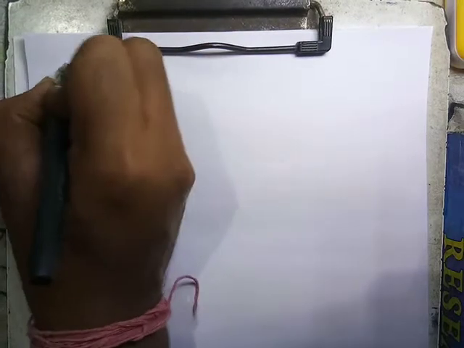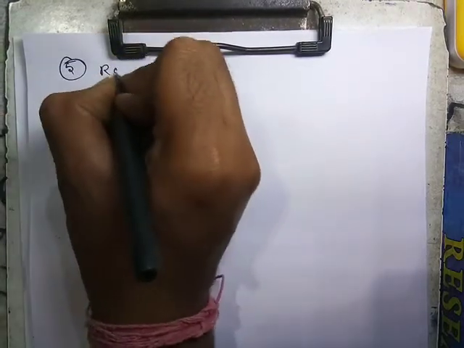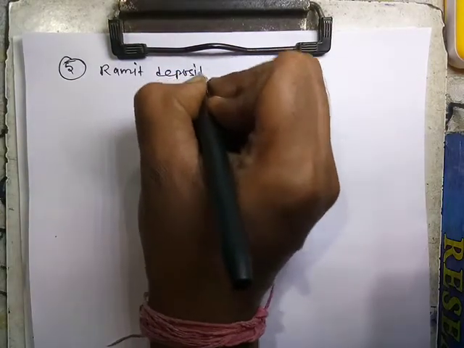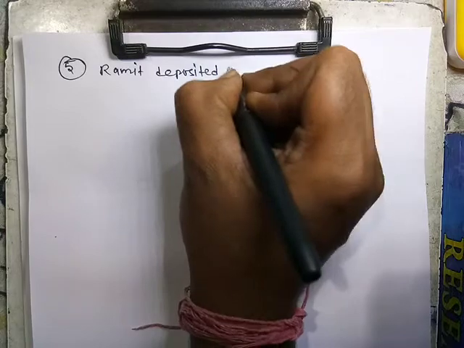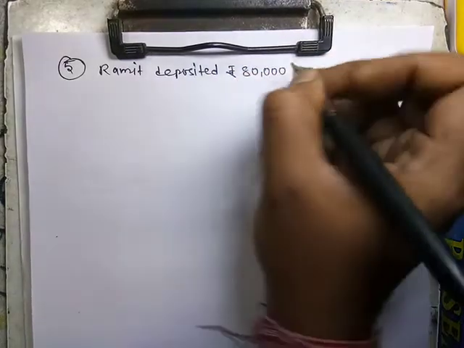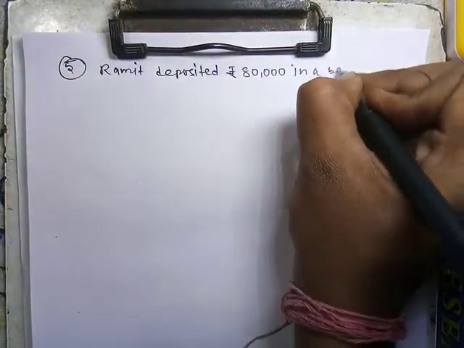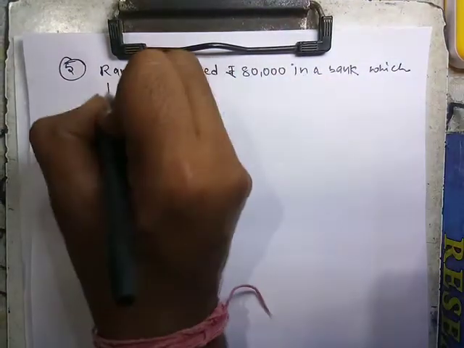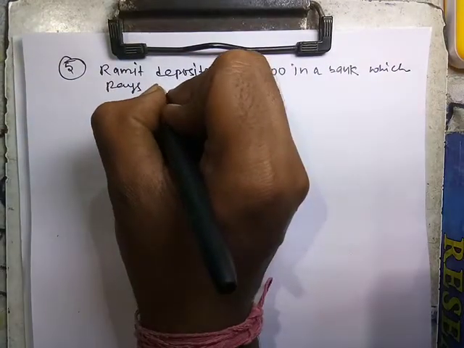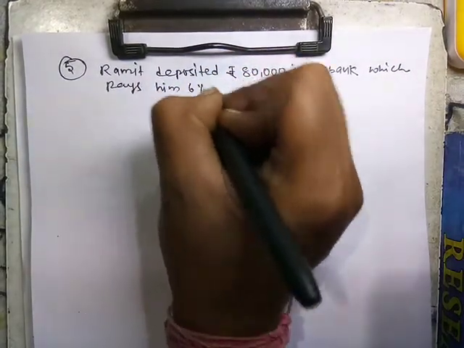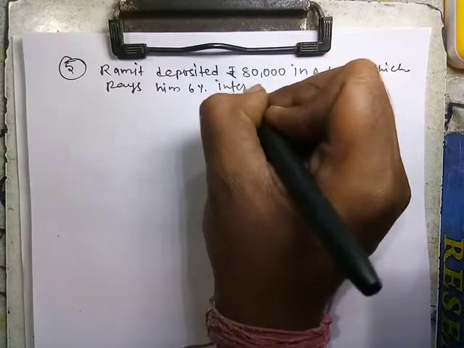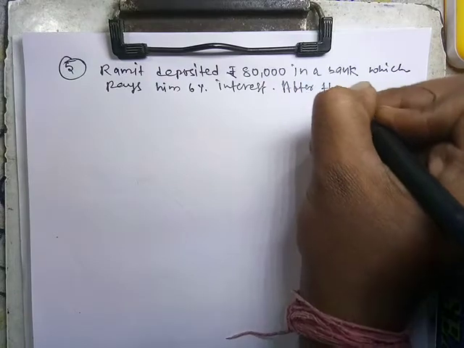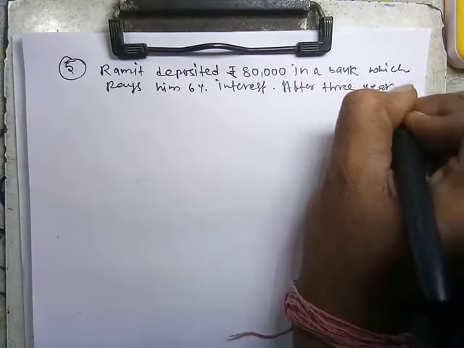Now in question number 5, Ramit deposited rupees 80,000 in a bank which pays him 6% interest after 3 years.